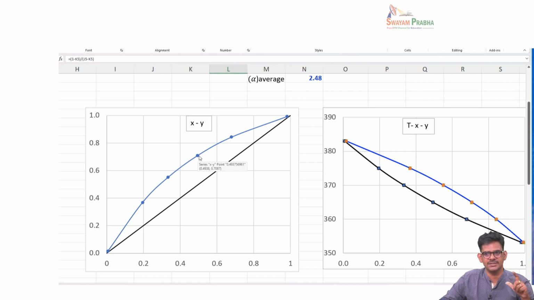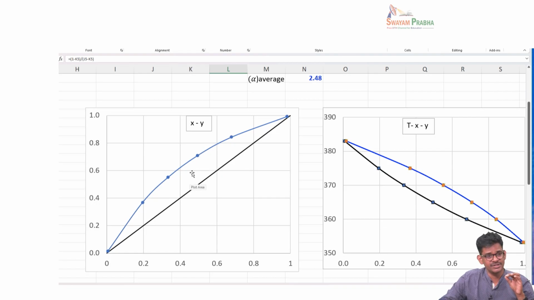This is happening because the two components are differently volatile. One is more volatile than the other, that is why compared to the liquid phase composition, the vapor phase composition will be rich in the volatile compound. Okay, that is a very fundamental idea behind distillation.